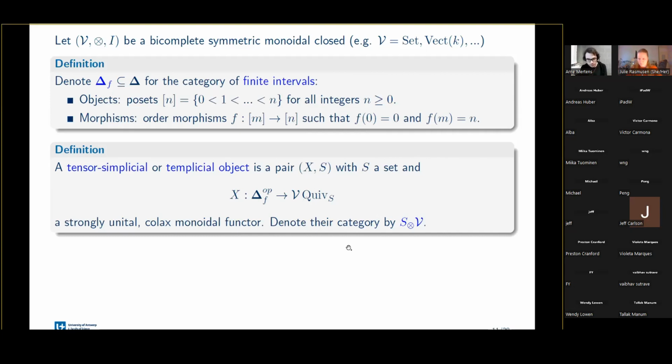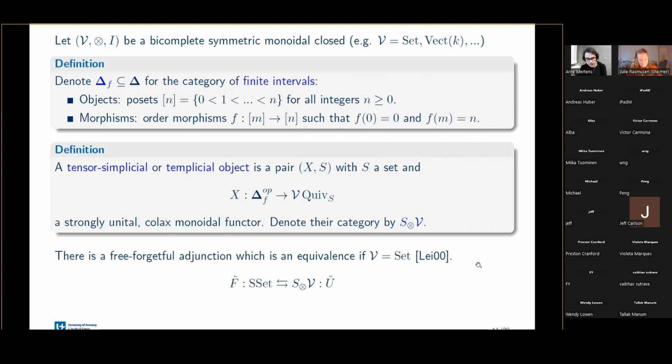Okay, it's a bit of a weird definition, but just as a reality check, let me say that at least you can define a free-forgetful adjunction between classical simplicial sets and these templicial objects. And moreover, this will become an equivalence if V is the category of sets. So it really is a generalization of the classical notion of simplicial sets, but in a different direction than simplicial objects.